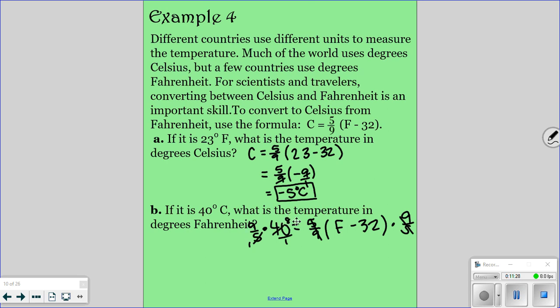And so then we just have 9 times 8, which is 72. And then that equals F minus 32. And so if you add 72 plus 32, you're going to get 104 degrees Fahrenheit. So that would be your answer for that one. So that's how you can use that formula to convert from one to the other.